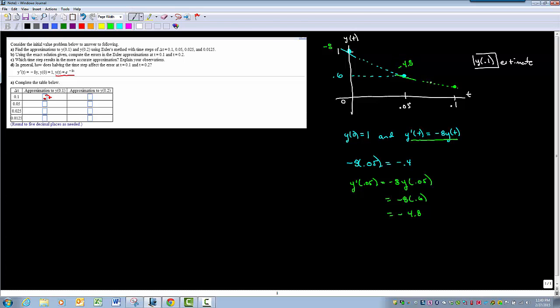Now we're going to use that to estimate this. What we do is take the length over, which is 0.05, and multiply it by negative 4.8, and we'll get a drop down value here of negative 0.24.